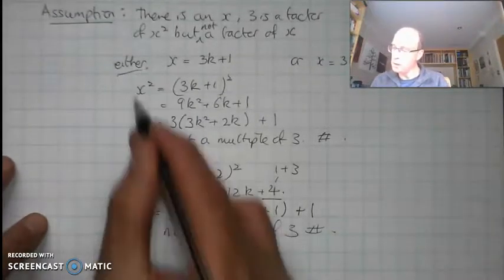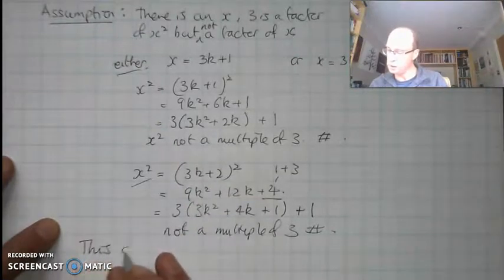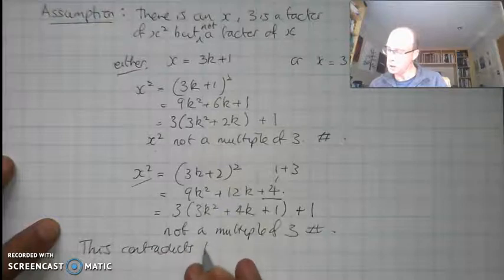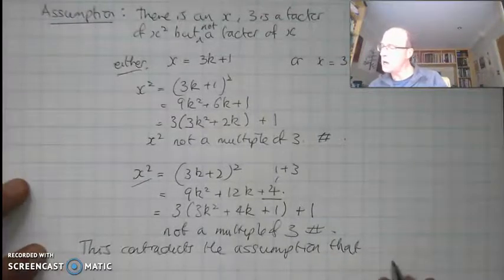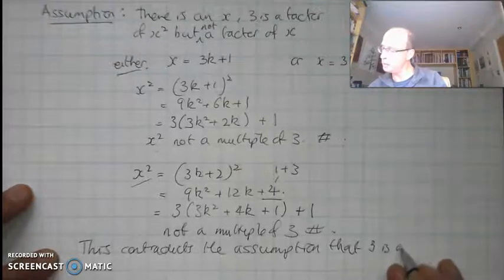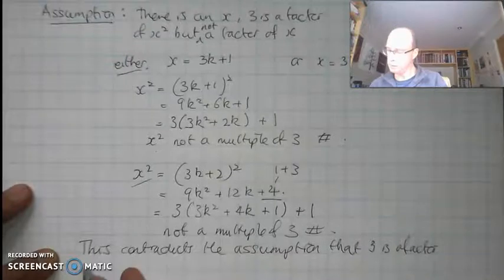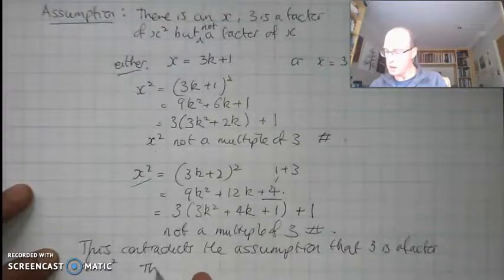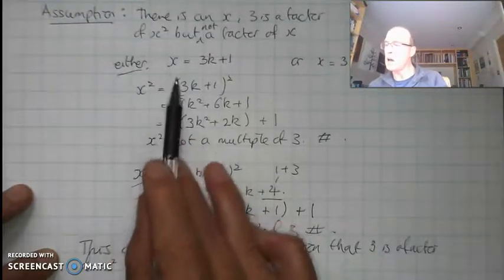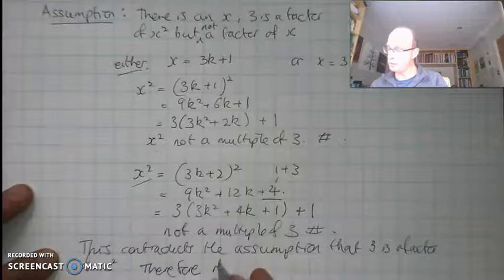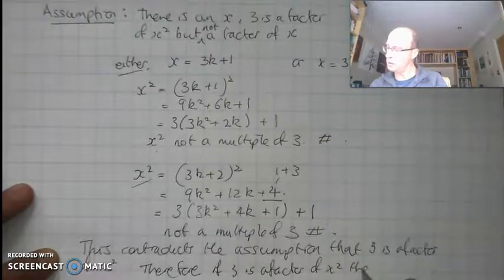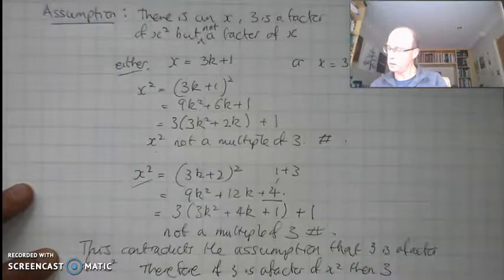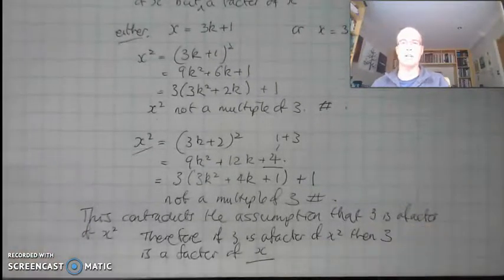Under both of the two cases, this contradicts the assumption that 3 is a factor of x squared, and therefore, to state my conclusion, if 3 is a factor of x squared, then 3 is a factor of x as well. Shift that up a little bit so we can see it, and we've done it.